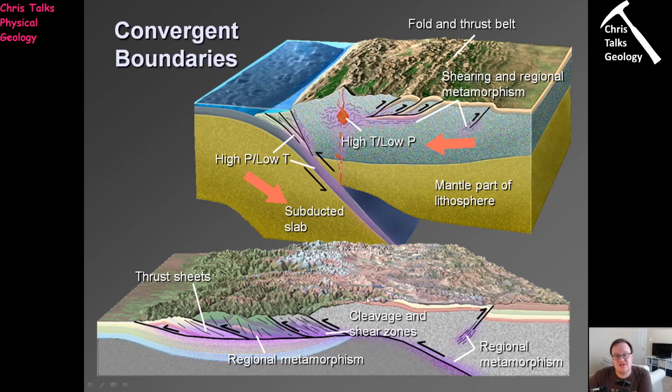And we see the same kind of features when we have a continent-continent collision. So in the case of a continent-continent collision, what do we see? Well, obviously, once again, we see extensive amounts of thrusting.